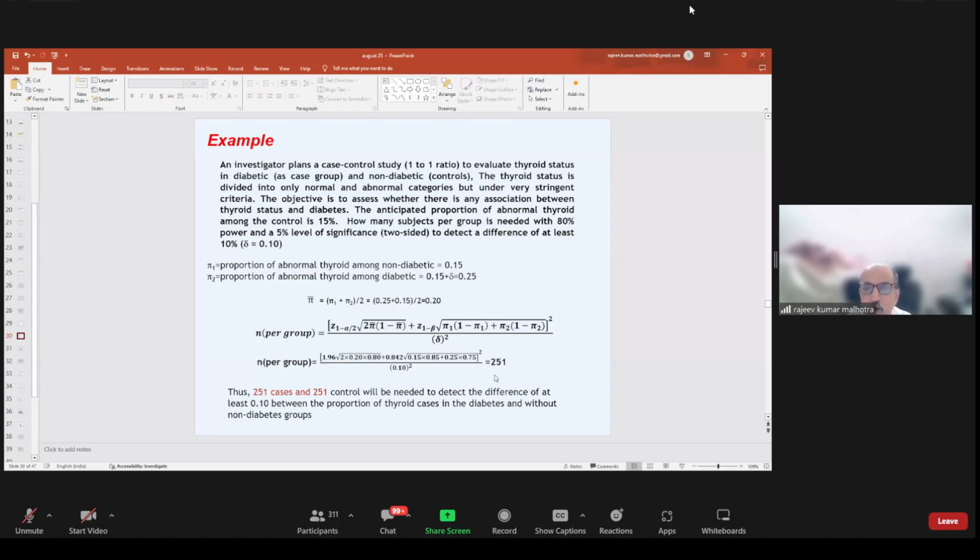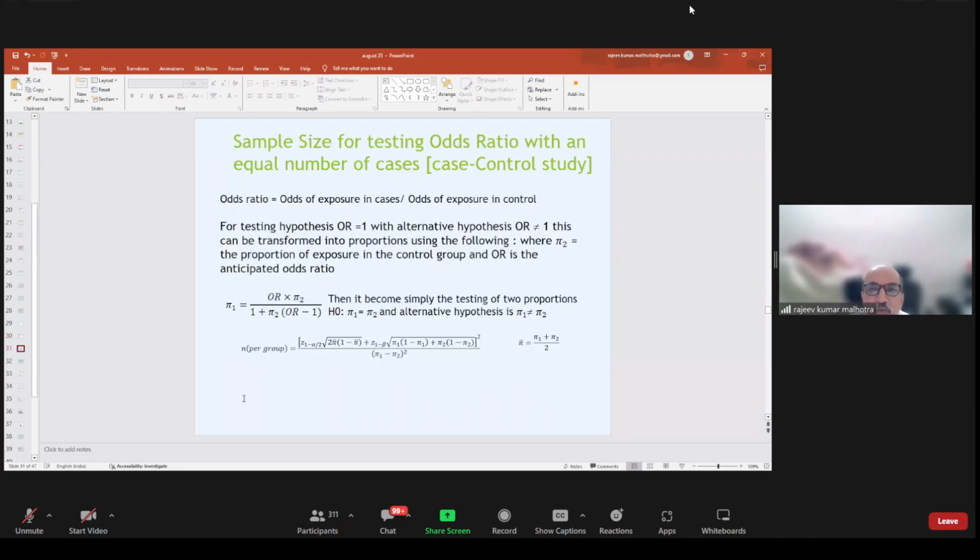We get a sample size of 251. So 251 cases and 250 controls will be needed to detect a difference of at least 10 percent in the proportion of thyroid abnormality in diabetic and non-diabetic cases. So this is the formula for finding the sample size for two proportions.